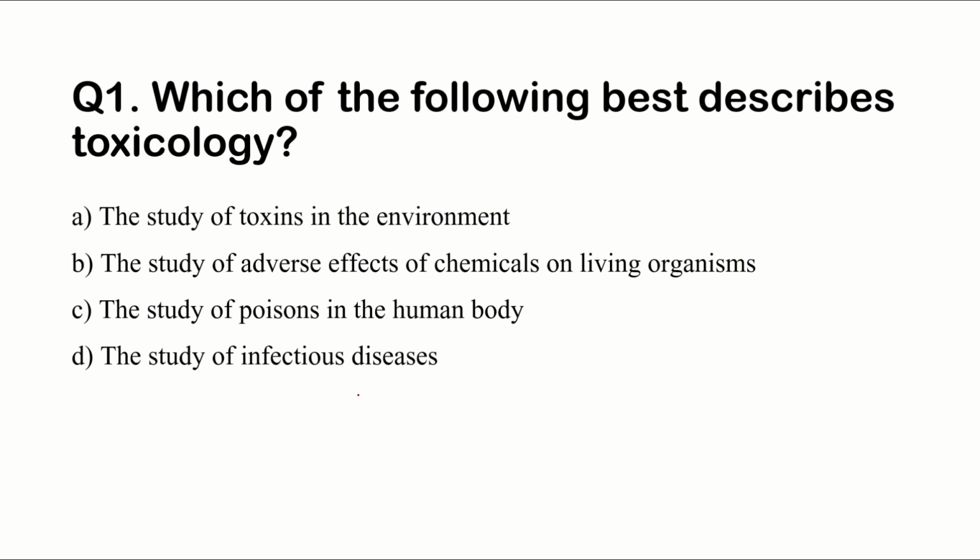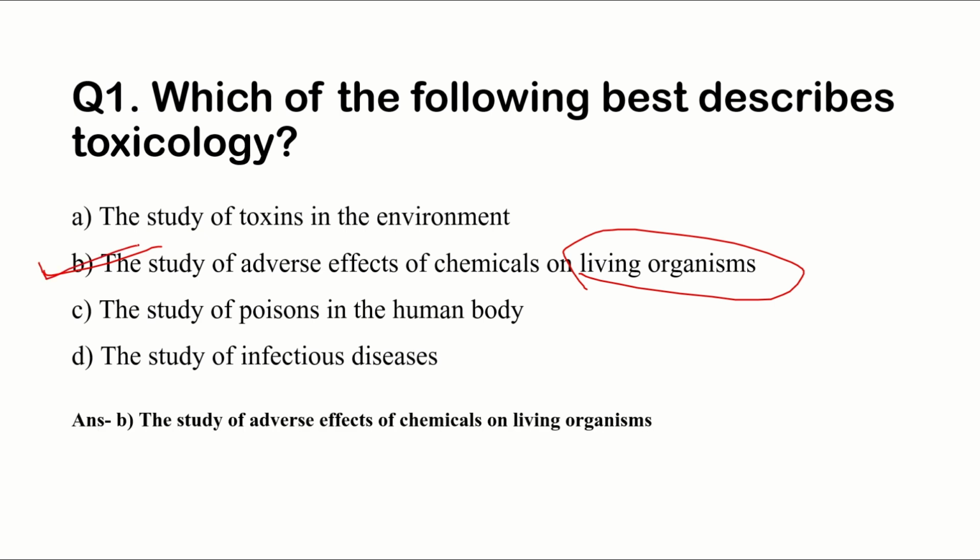So the best option that suits the toxicology definition is option B, the study of adverse effects of chemicals on living organisms. Yes, it's also a study of poisons in the human body, but not just the human body, it also involves other living organisms. So the right answer is option number B.